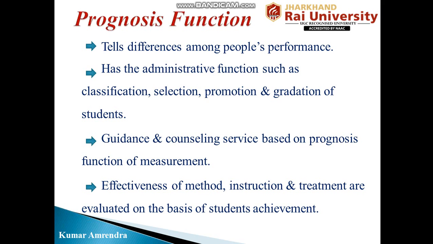With the help of that performance, the selection and promotion of any employee or any student is done. Guidance and counseling service is based on the prognosis function of measurement, and the effectiveness of methods, instructions and treatment is evaluated on the basis of students' achievement.